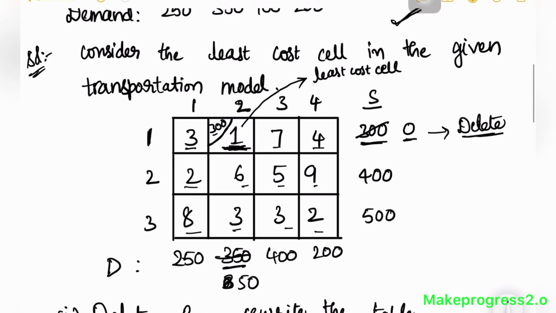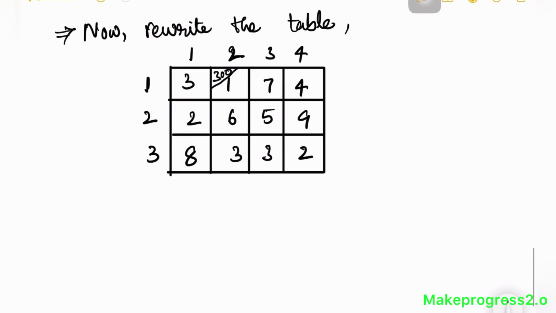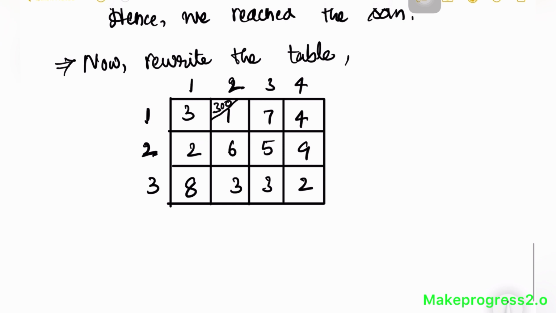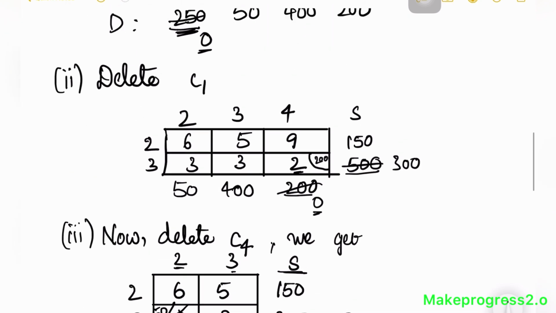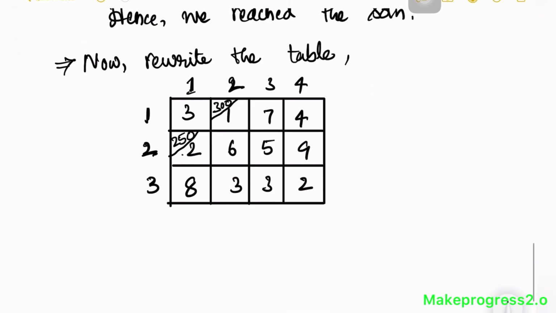and now again at the 2 1 cell you have 250. And now at 2 4 you have 200.